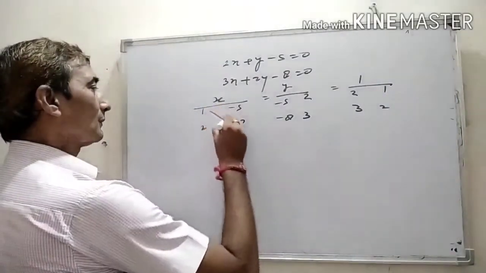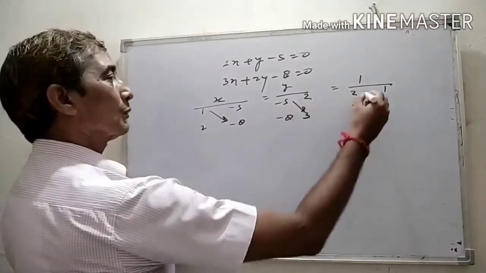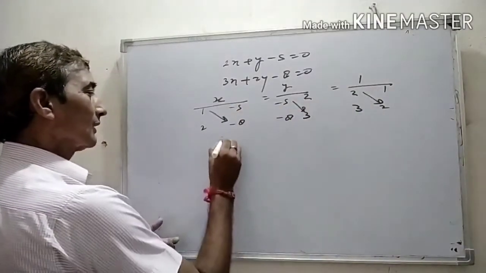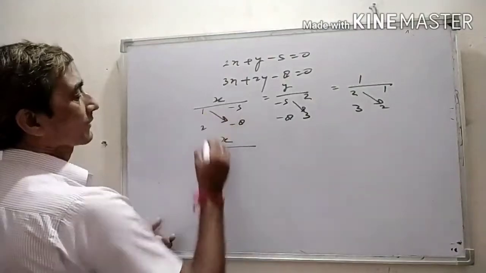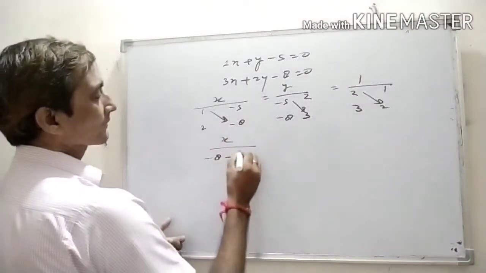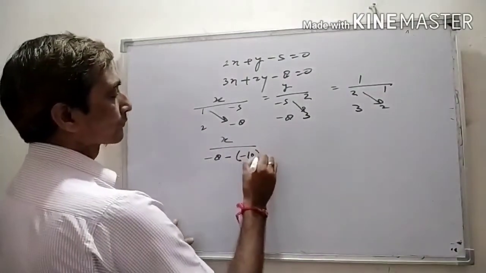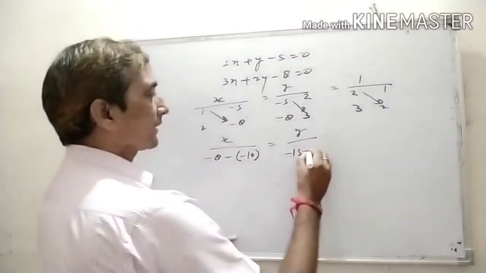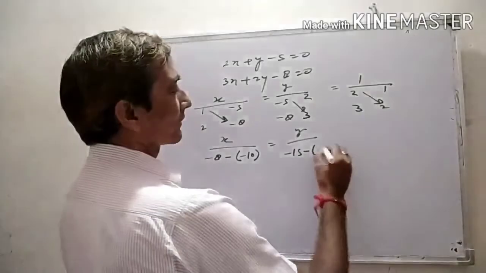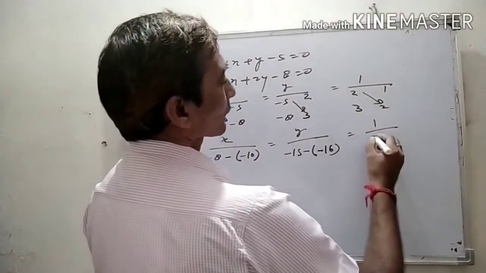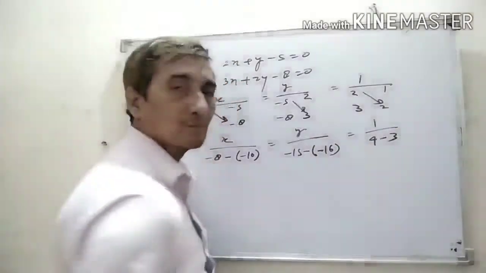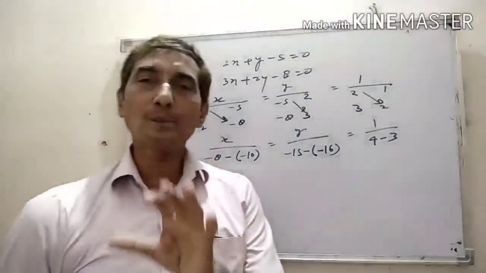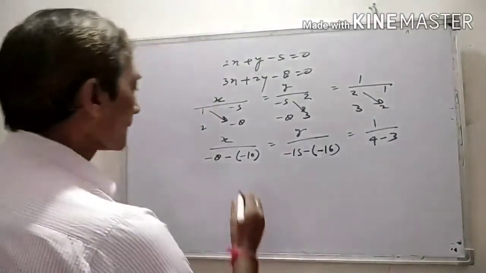Now we can write x upon minus 8 minus 2 fives are 10, y upon 3 fives are 15 minus 16, 1 upon 2 twos are 4 minus 3. This is the system of cross multiplication.